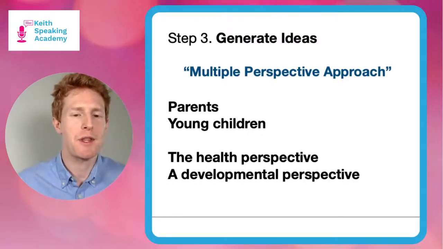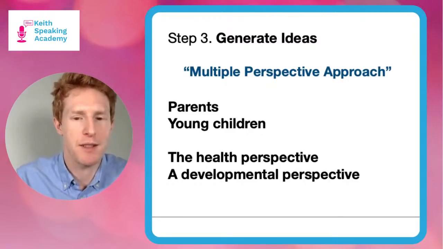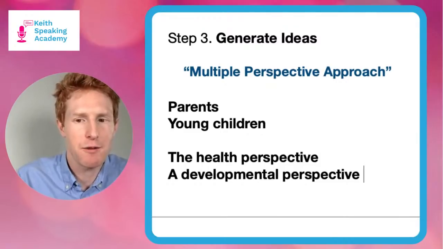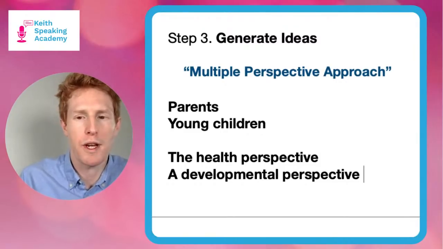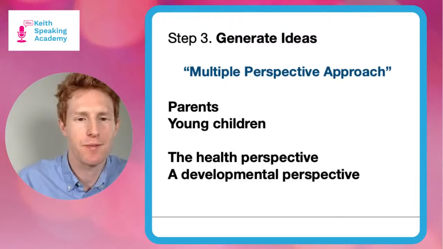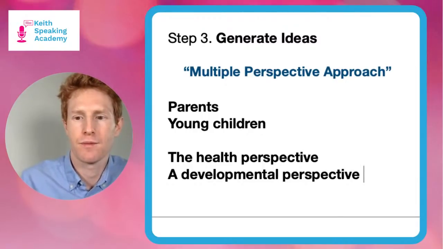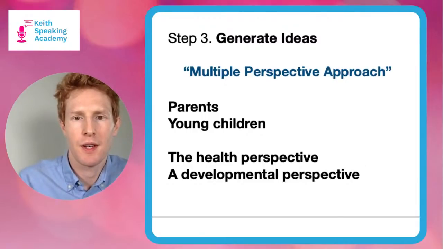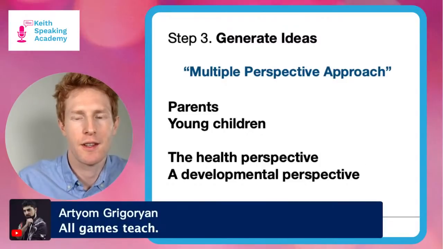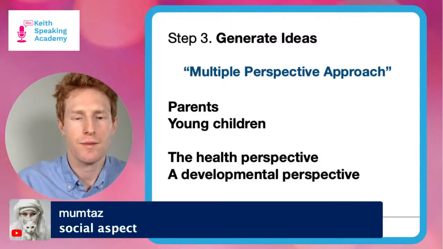So with those four perspectives, maybe we could get some ideas from the audience about what we could write for this particular question. Good. Let's have a look. All games teach. Mumtaz mentions the social aspect.